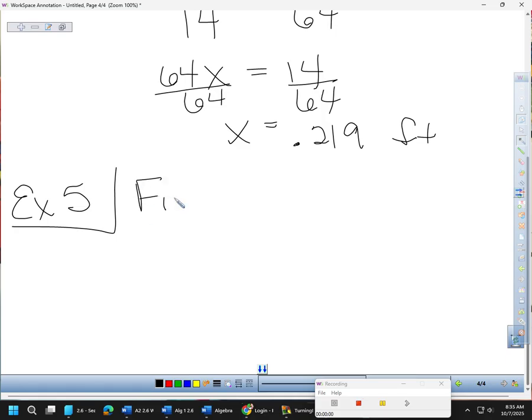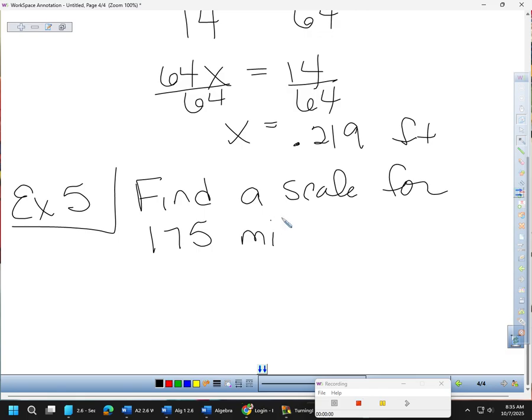Find a scale for 175 miles is 2.5 inches. Yes, ma'am.